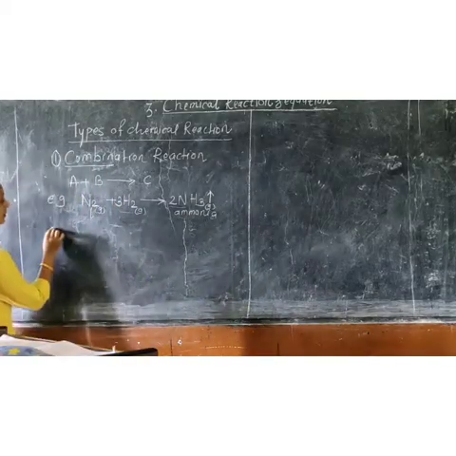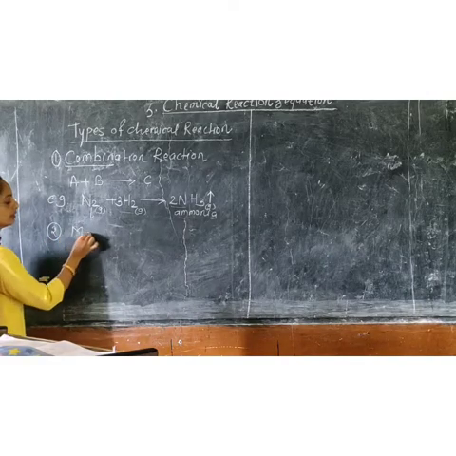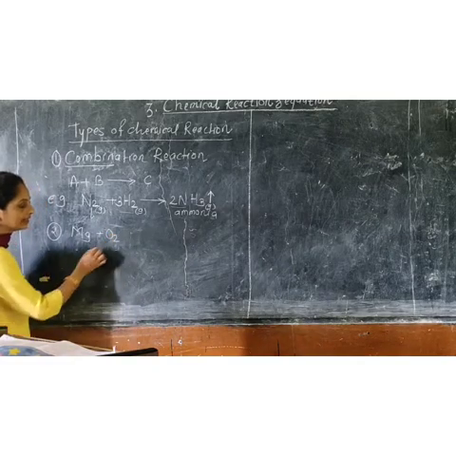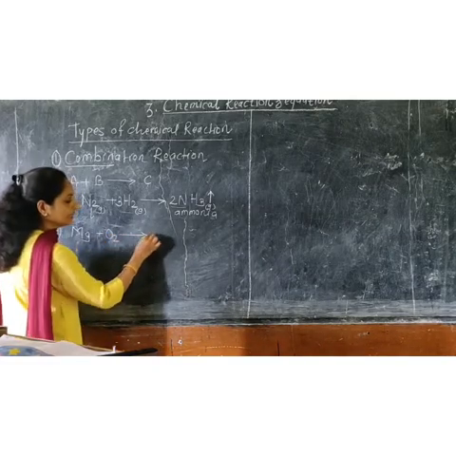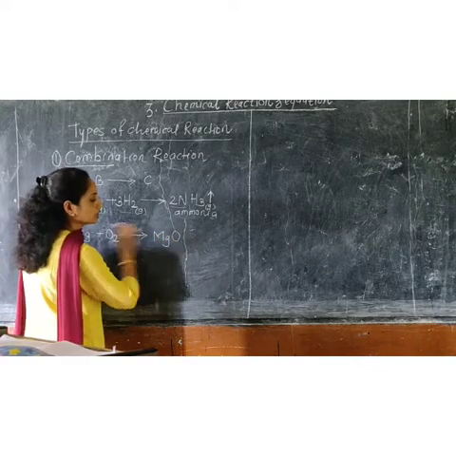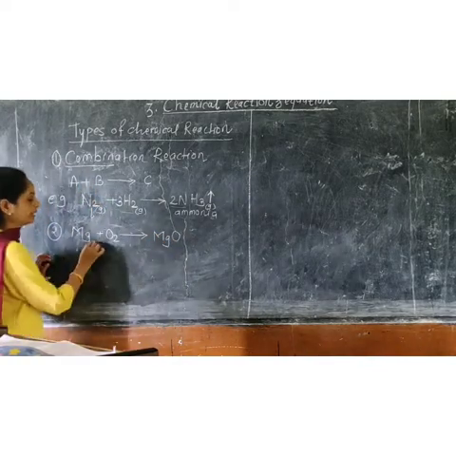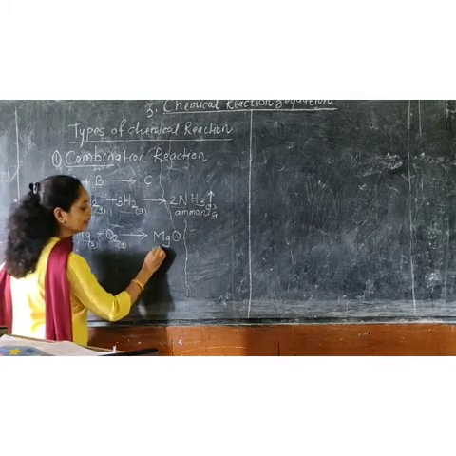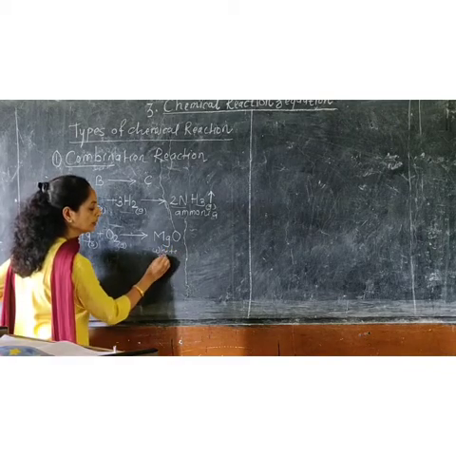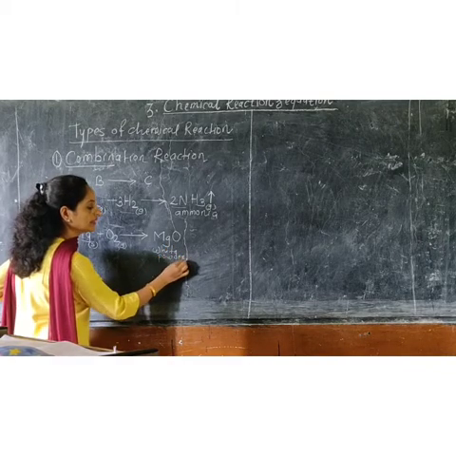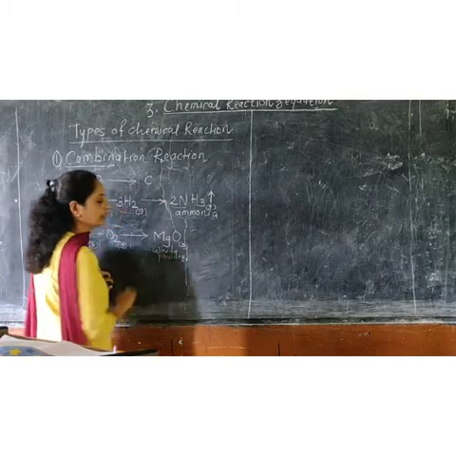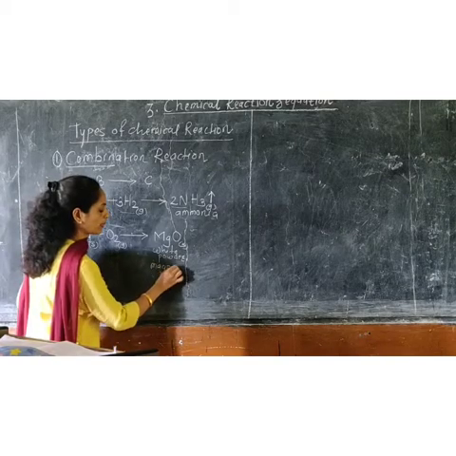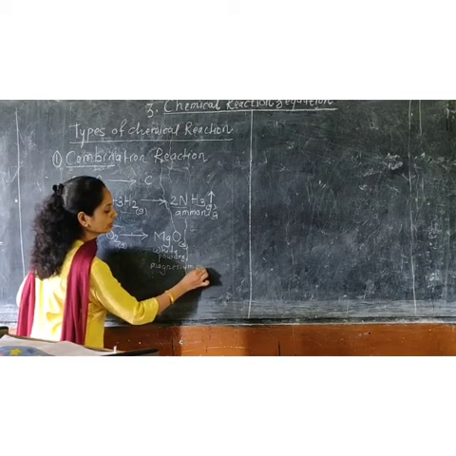Magnesium burns in air, means it reacts with oxygen, then it forms the product magnesium oxide. Magnesium is in a solid form, oxygen is in a gaseous form, and that forms the white powder, which is also in a solid form, and it is called magnesium oxide.